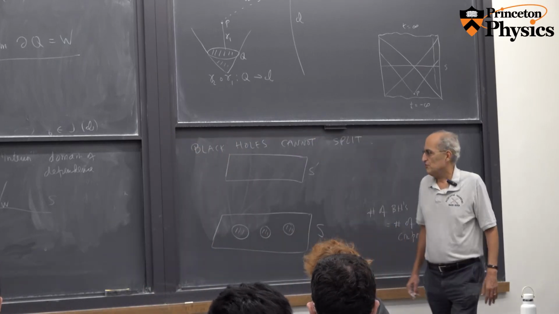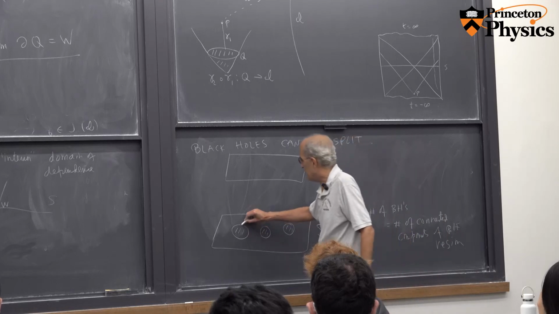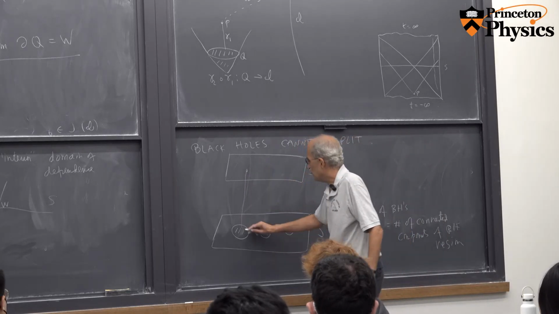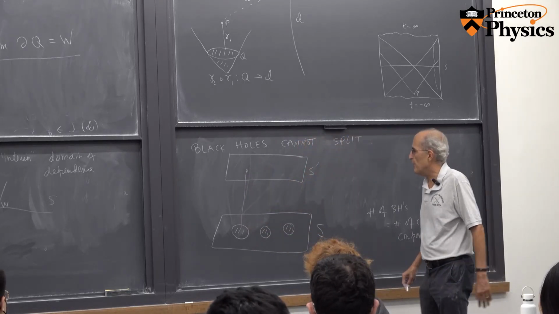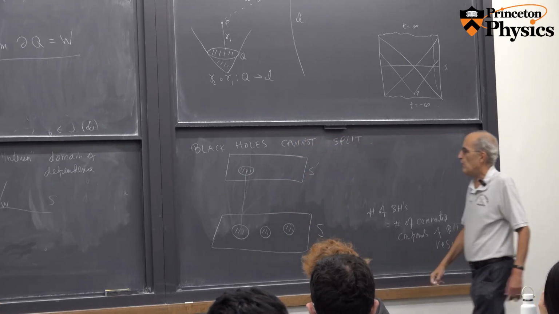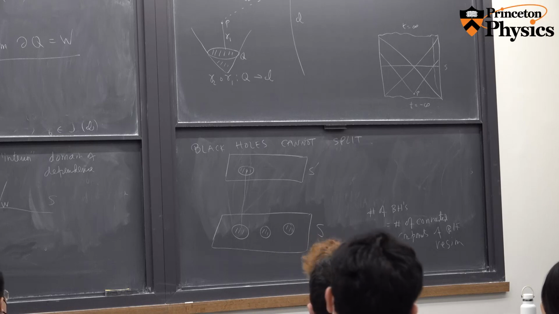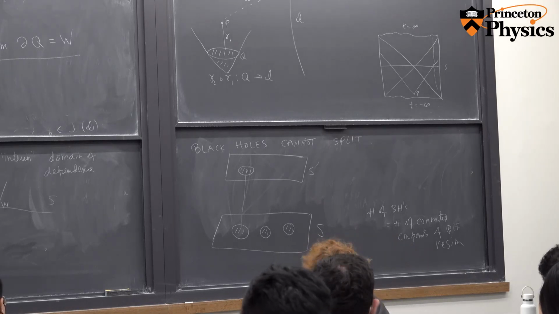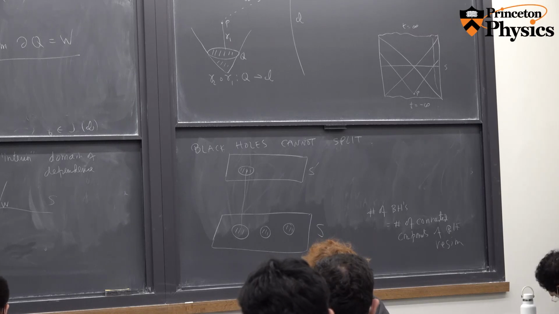And since the points where that happens are in the future of the black hole region, they are themselves in the black hole region. So there has to always be a non-empty black hole region on S prime, but it could be connected even if the black hole region was disconnected on S. That would happen if all the black holes that were initially present merged.